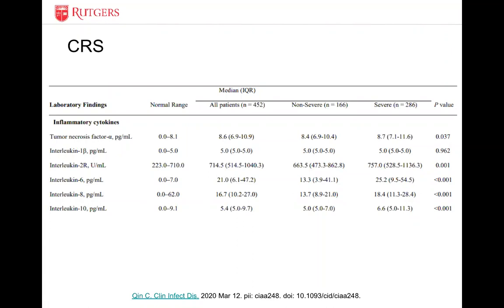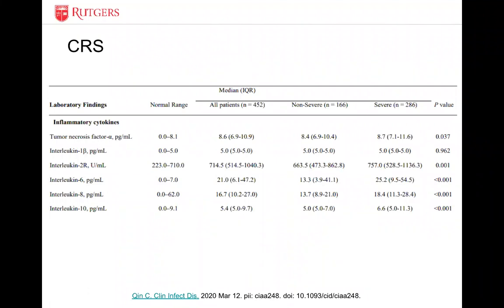And what happens is these excessive cytokines lead to distributive shock, which basically looks like SIRS or refractory septic shock. And you also get direct organ dysfunction, liver dysfunction, kidney dysfunction. Obviously, you get some encephalopathy and refractory shock.